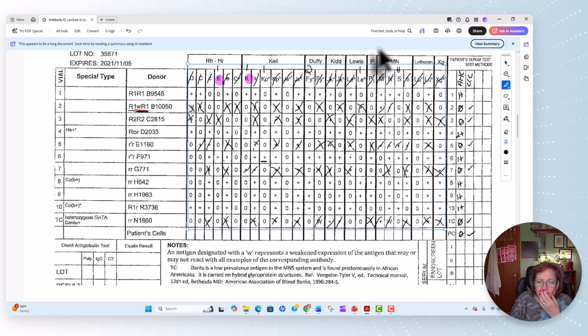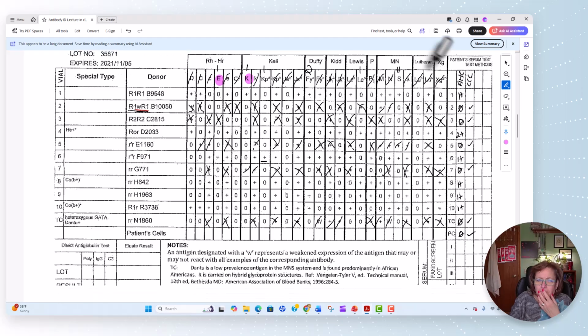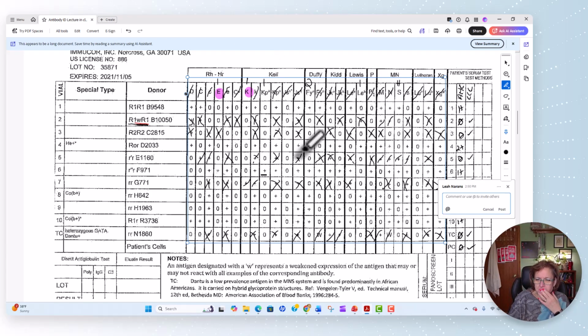Why won't it let me do this, guys? Well, it's not going to let me keep highlighting.